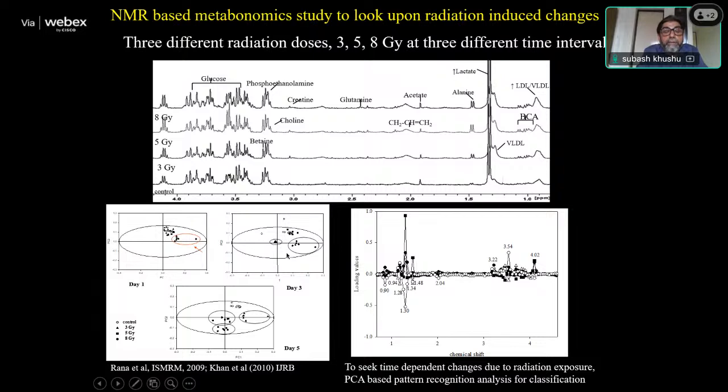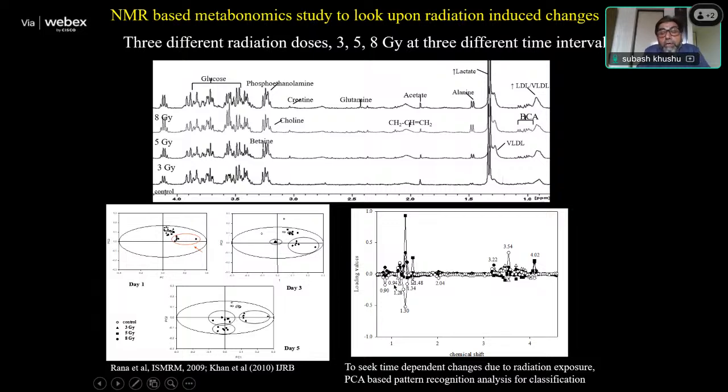On day 3, you still have some separation. But on day 5, you see all the 4 groups: the control group, and the 3 gray, 5 gray, and 8 gray animals are separated out. That means you are able to separate out different populations which are exposed to different doses of radiation.